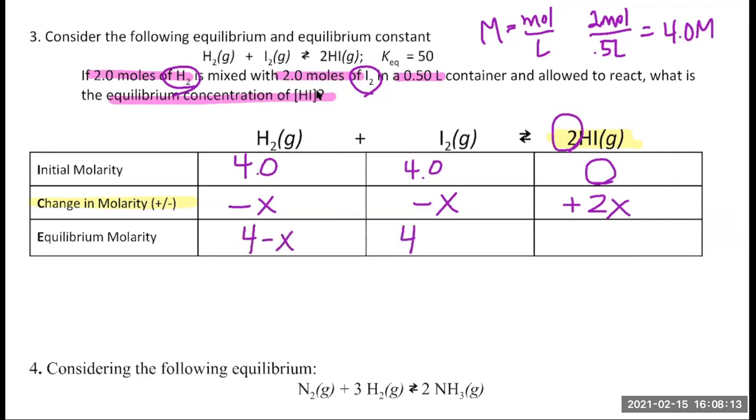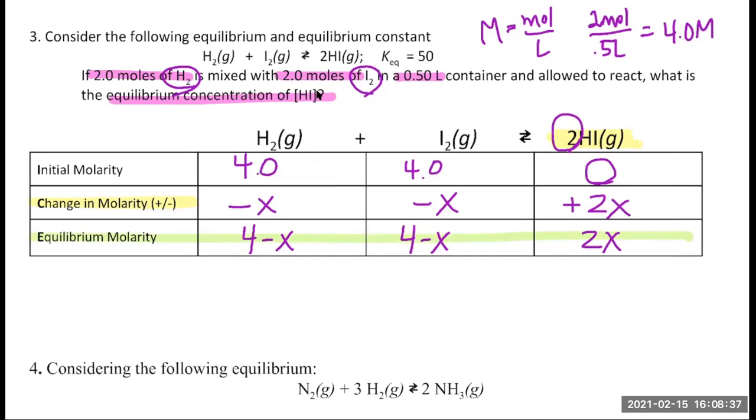I have 4 minus x here. And then I have 0 plus 2x, which is just 2x. Now we talked about when we're solving for KEQ, we're always using these equilibrium concentrations. So instead of having numbers that we can plug in, unfortunately, this time when we plug it in, it's still going to be in terms of x.